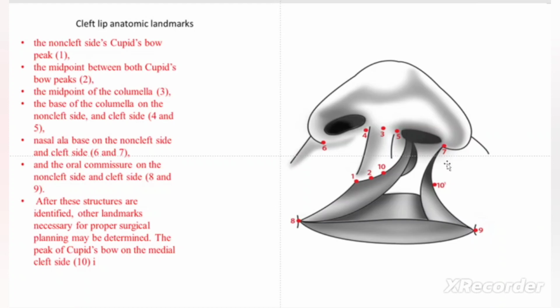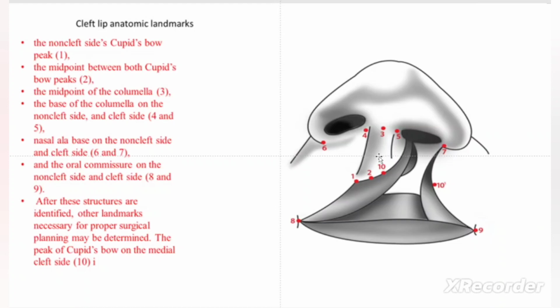Then we have to mark an incision at the alar base, and join from 7 to 10 dash. Then we will get one flap, an advancement flap. This flap advances towards the non-cleft side. So based on these three flaps, we will get adequate vertical height for the cleft side lip.